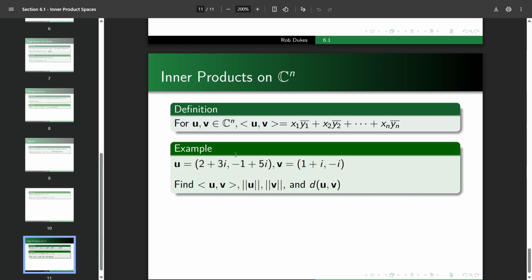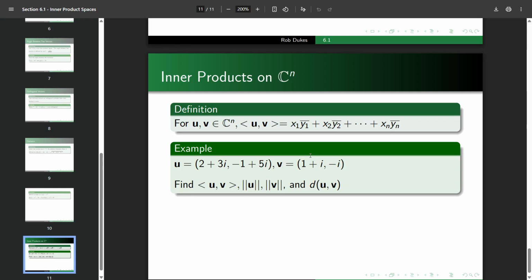Each one has a complex number in the first, a complex number in the second. And so what this says is for each pair, we will take the complex number that's in u and the conjugate of the complex number that's in v and multiply those together. It has to do with orthogonality and a lot of other things, but this is just the standard way to define the inner product for complex numbers.